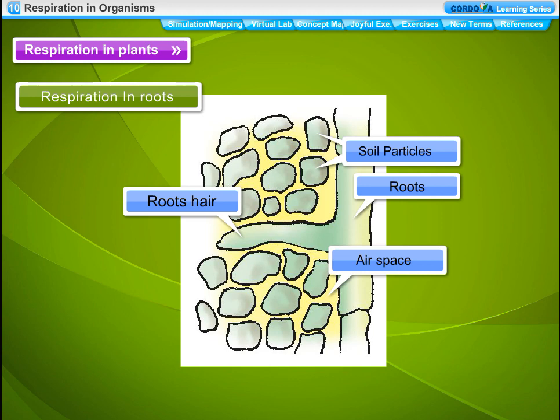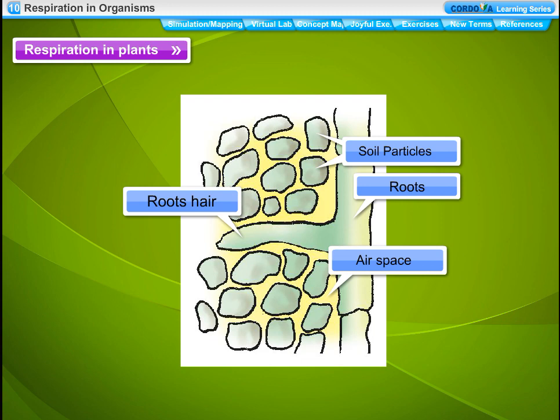Air is present in between the particles of soil. The root hair are in contact with the air in the soil particles. Carbon dioxide produced during respiration goes out through the root hair by the process of diffusion. If a potted plant is overwatered for a long time, then the plant may ultimately die. Too much water expels all the air from in between the soil particles.